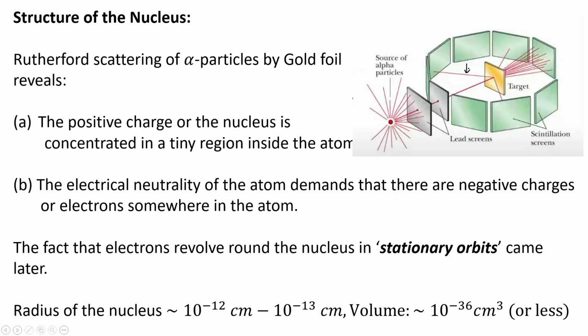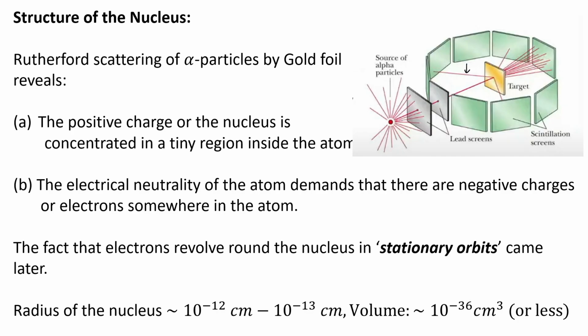And this made Rutherford assume that the structure of the atom is such that there is a very small space inside which is occupied by positive charges, which has been called a nucleus, and so it is concentrated in a very tiny region, and the electrical neutrality of an atom demands that the negative charges must be placed somewhere.